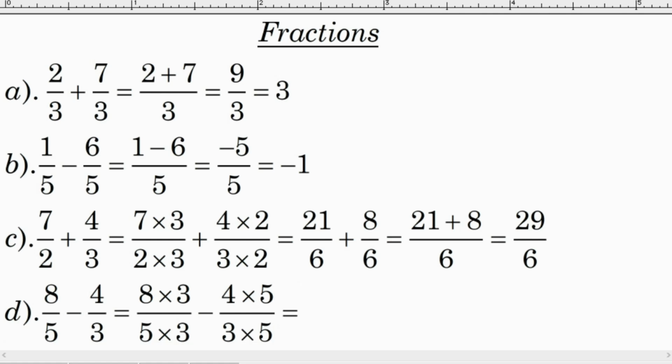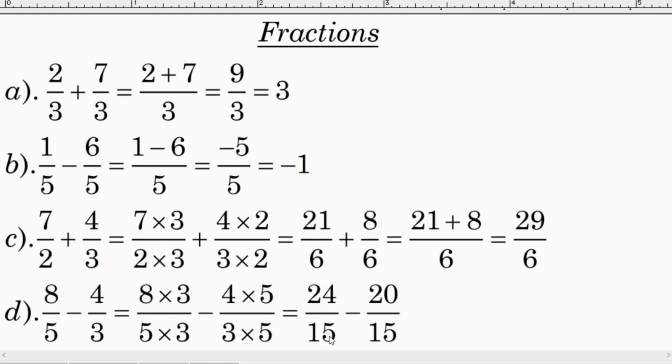Then 8 times 3 equals 24, divided by 5 multiplied by 3 equals 15. Then minus 4 multiplied by 5 equals 20, and 3 multiplied by 5 equals 15.